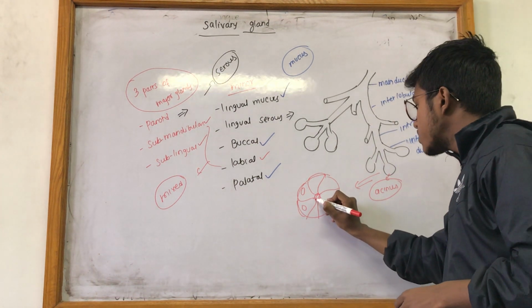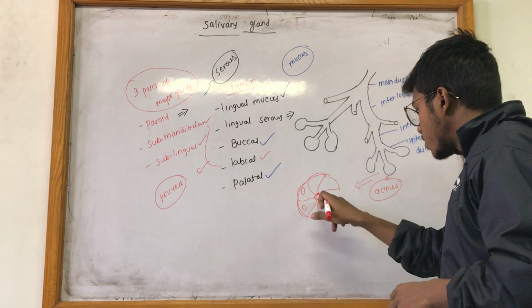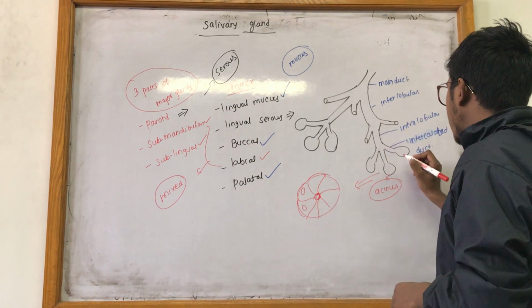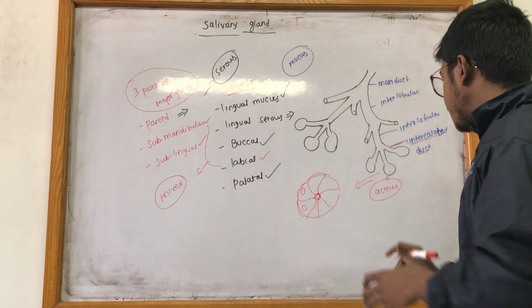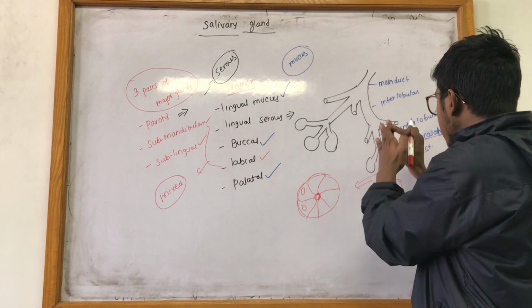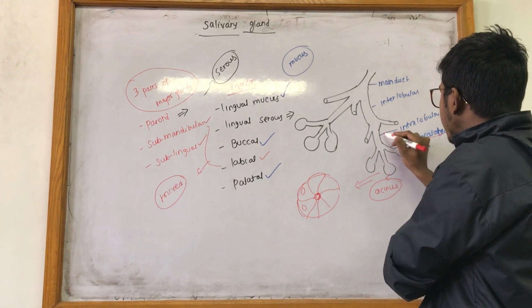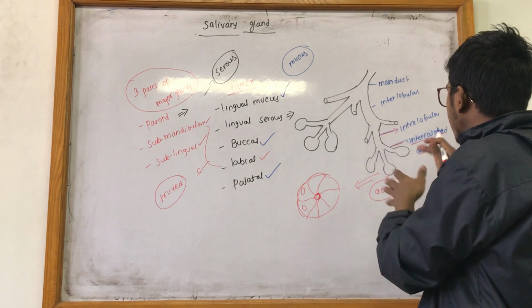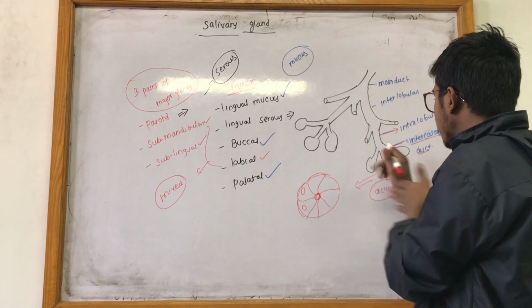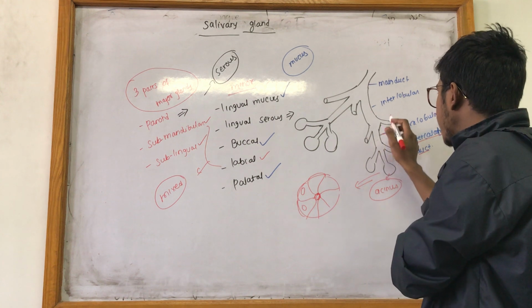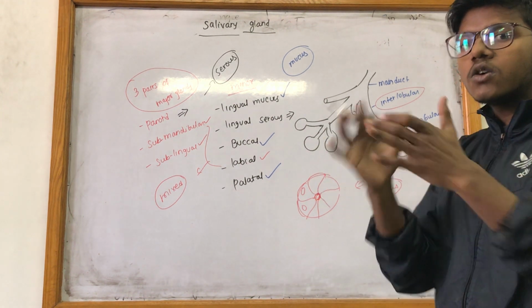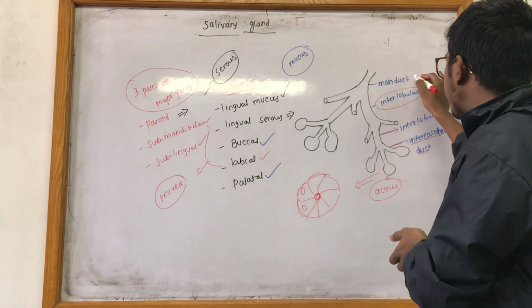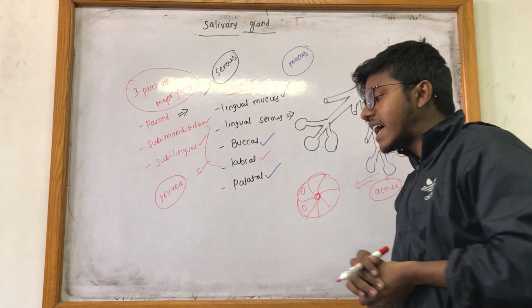Each acinus has a central lumen, and the lumen is connected to a duct known as the intercalated duct. Various intercalated ducts combine to form the intralobular duct, various intralobular ducts combine to form the interlobular duct, and various interlobular ducts, that is the various lobules, join to form the main duct of the salivary gland.